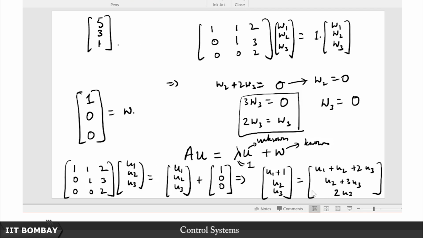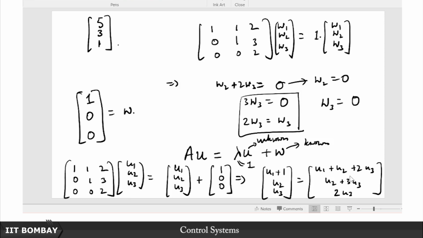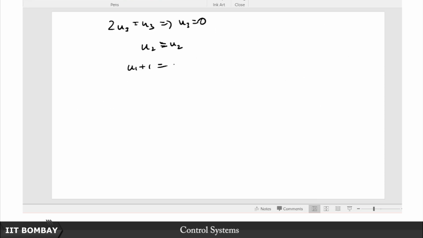And now in the first equation, again using U3 is equal to 0, I get U1 plus 1 is equal to U1 plus U2. So now I can cancel out this U1 and I get U2 is equal to 1. So this first equation restricts my condition and now U2 has to be equal to 1, but what about U1?